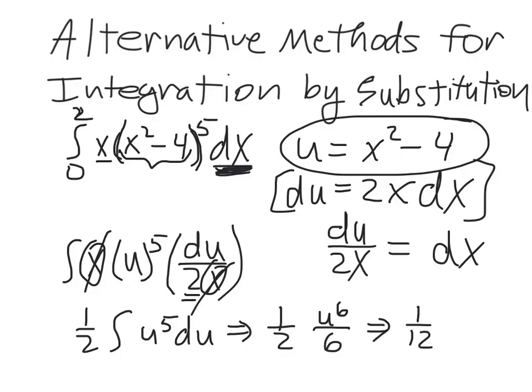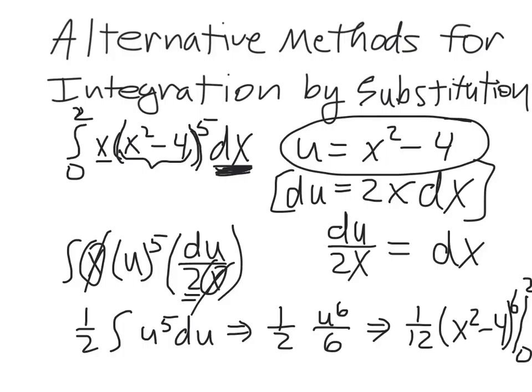So we'd have 1/12 and then x squared minus 4 to the 6th evaluated from 0 to 2. Well, that gets kind of long and drawn out. We sometimes can lose our integration limits.